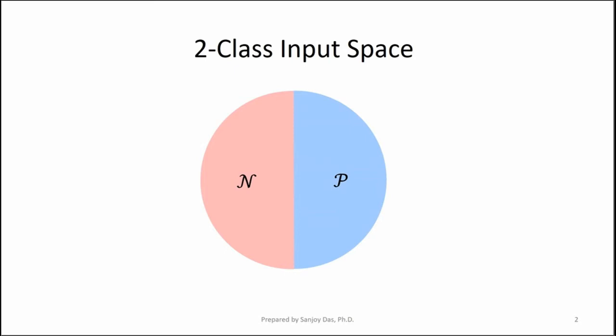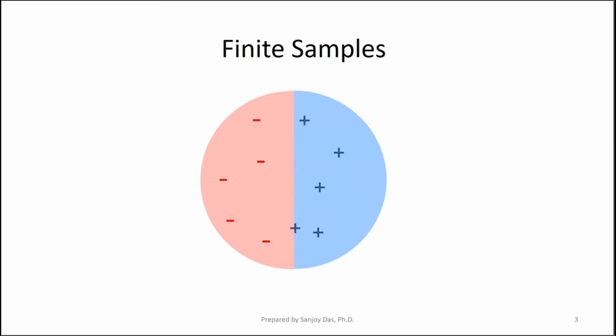The input space contains data samples, and in this input space you have one region which is N, and the other region is P, which contain data that are in the negative and the positive category respectively. So these are some finite samples that we obtain from that sample space.